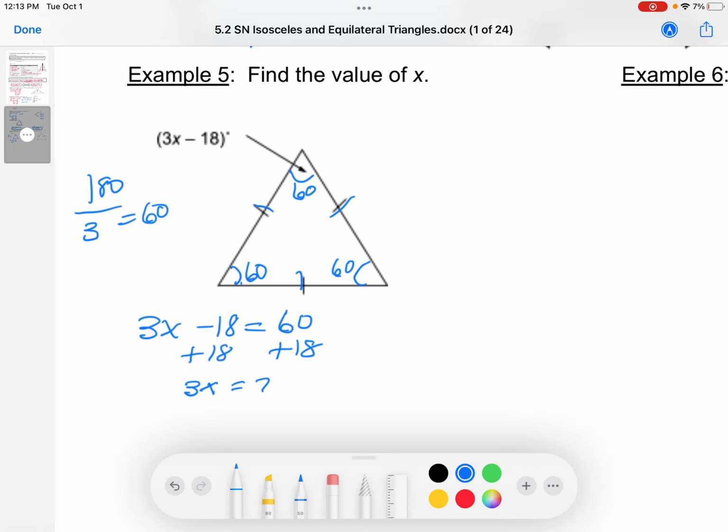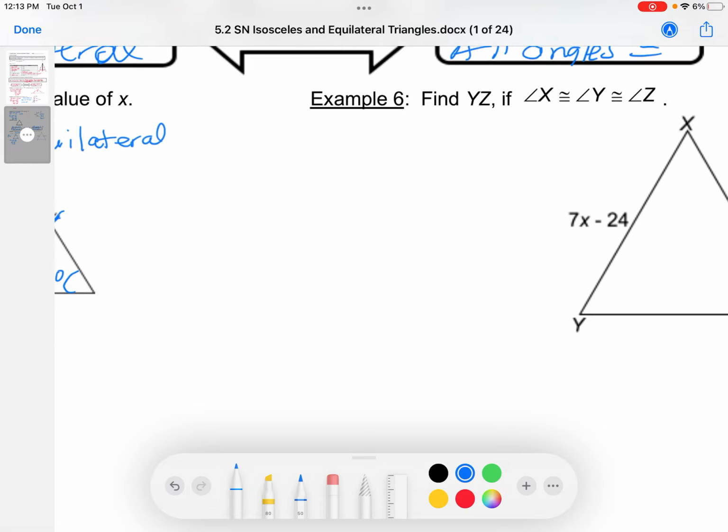I add 18 to both sides, so I've got 3X equals 78. If I divide both sides by 3, X equals 26. This is equilateral, and it's also equiangular: equilateral meaning equal sides, equiangular meaning equal angles.